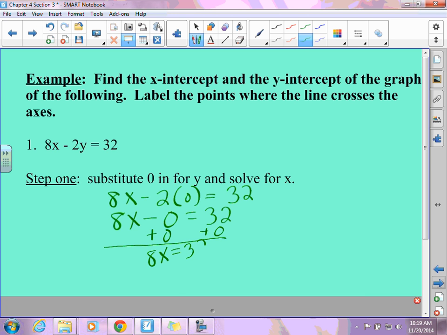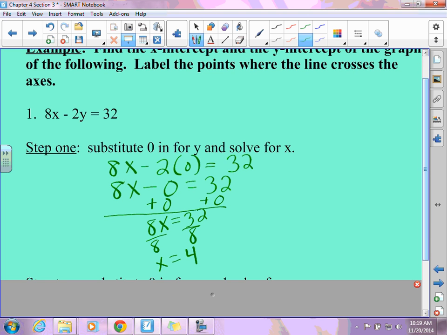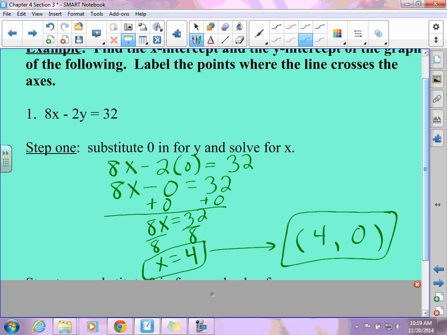I divide by 8. X gives me, very good, 4. Right? So now what we're going to do is take this and make an ordered pair. So in my ordered pair, what's my x? 4, right there. And my y is going to be 0. So when we graph, we're using this ordered pair. Notice that the y is 0 because I plugged in 0 for y.